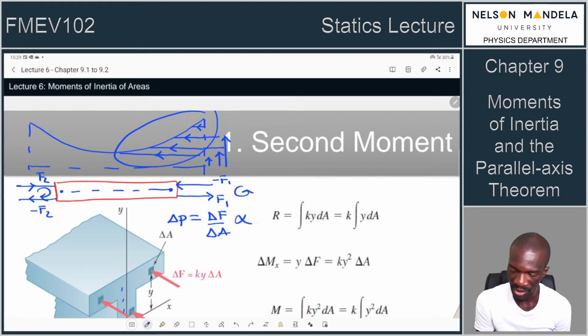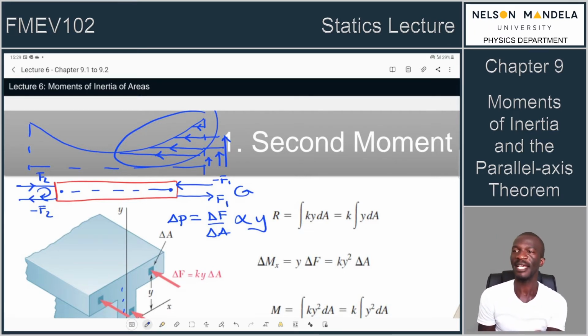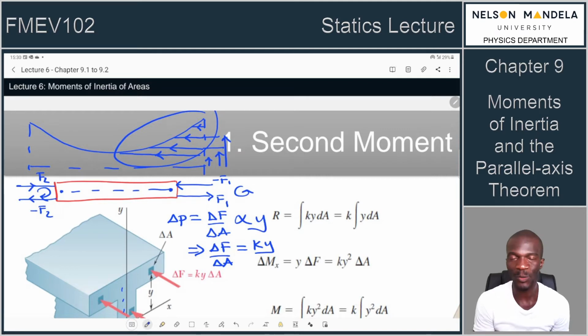So if it is proportional to some height y, then we can use a constant of proportionality. One special property is that these forces are linearly dependent on this distance. That justifies us to imply that delta F over delta A is equal to Ky.